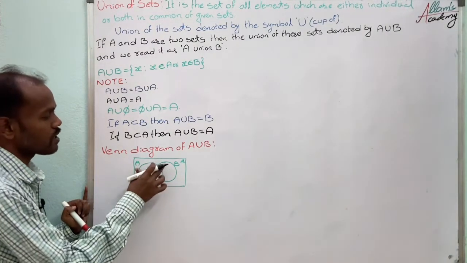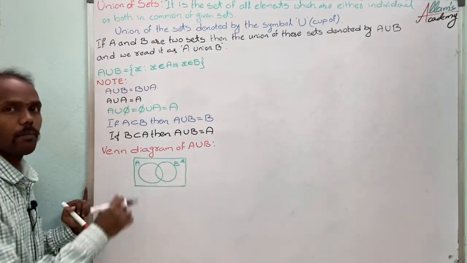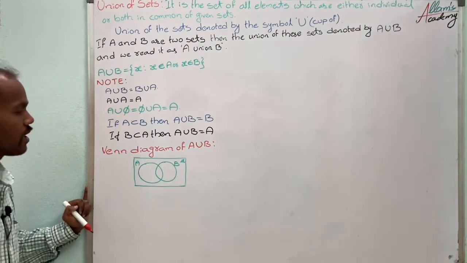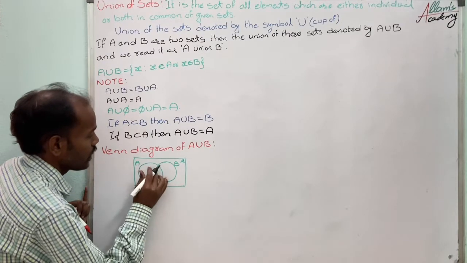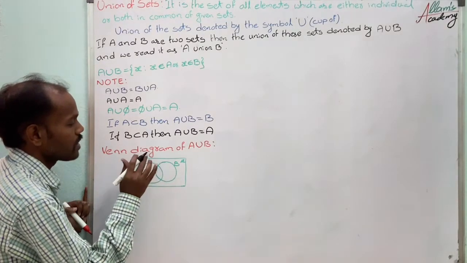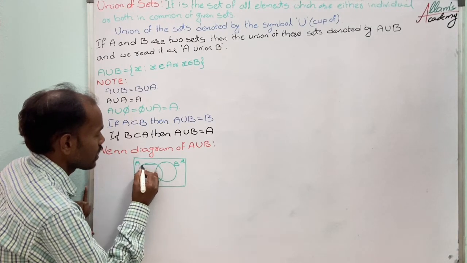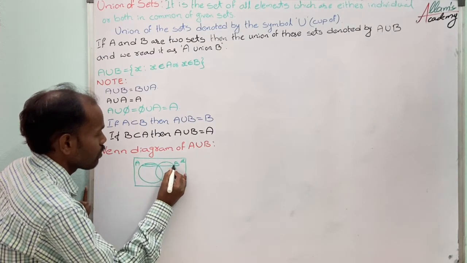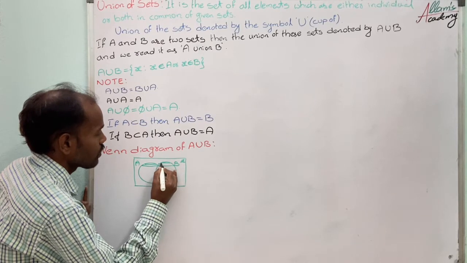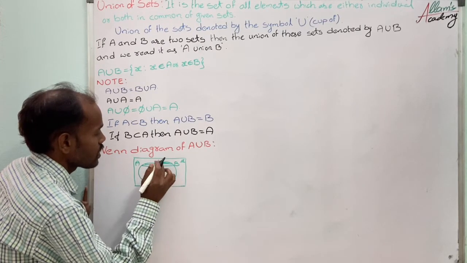In that space we write the common elements of the sets. Now if we observe, we take all the elements into consideration, so we shade the total part of the given sets.